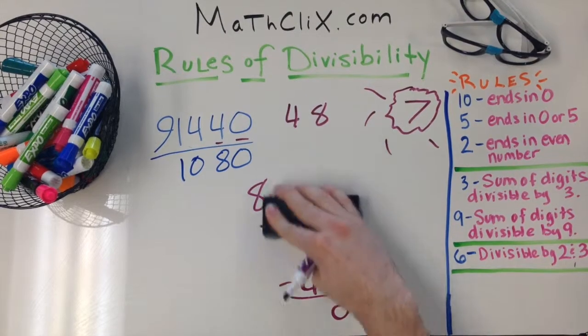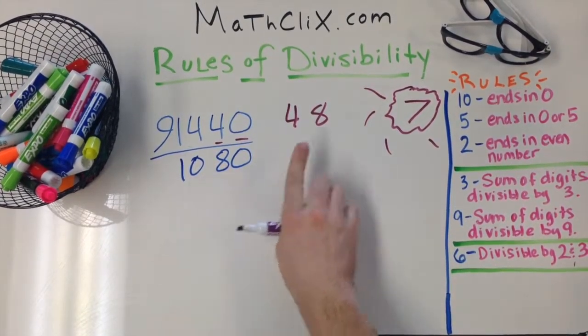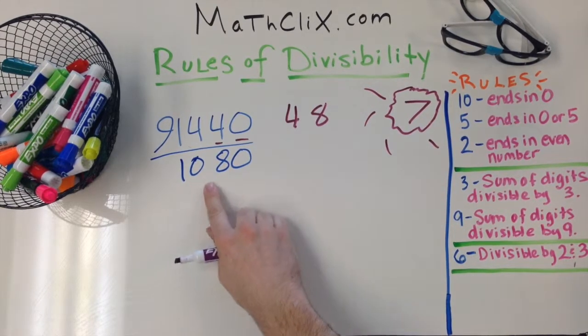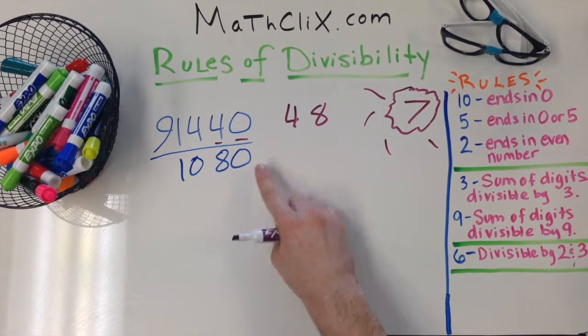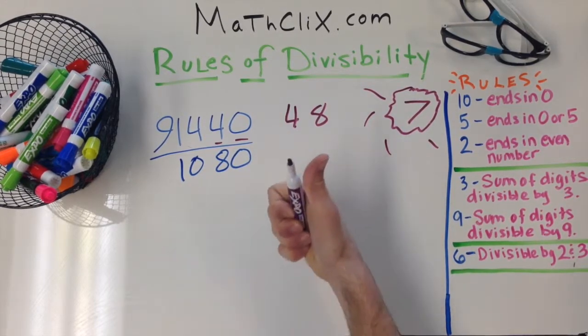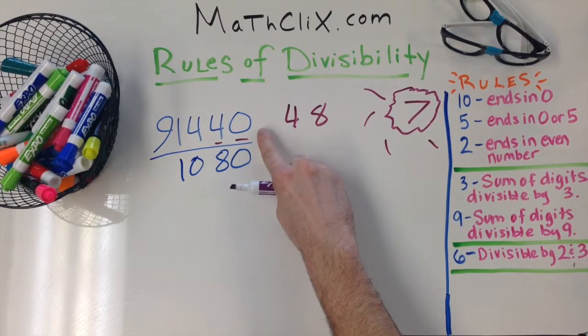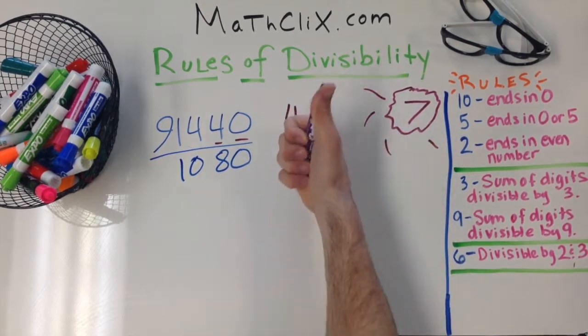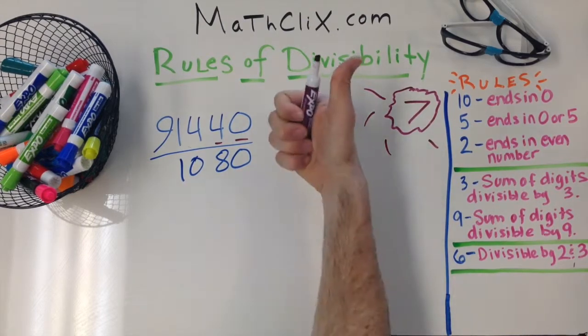Let us look at the last 2 digits. Or let's first check our bottom number. Our last 3 are 080, which is 80. 80 divided by 8 is 10, even. So let's look at 4. 40 divided by 4 is 10, even. 80 divided by 4 is 20, even.